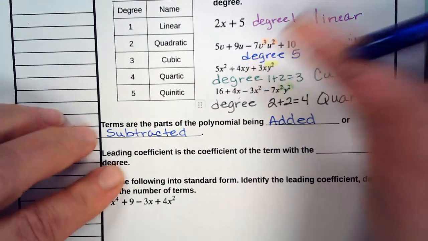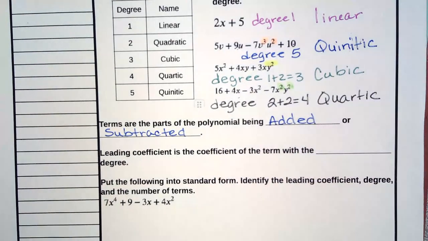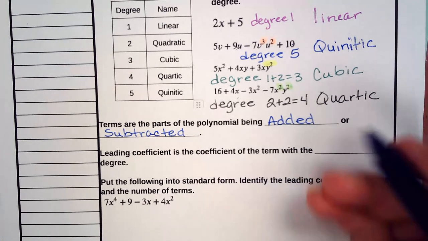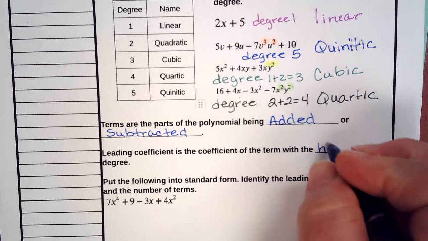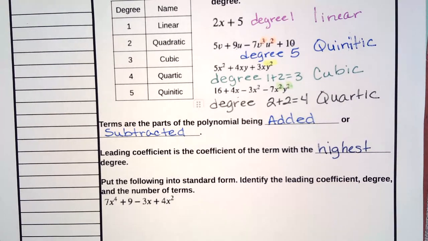This one has 1, 2, 3, 4 terms because you got those pieces that are separated by plus or minus. Okay, and this brings us to what we call the leading coefficient. The leading coefficient is the coefficient of the term with the highest degree.